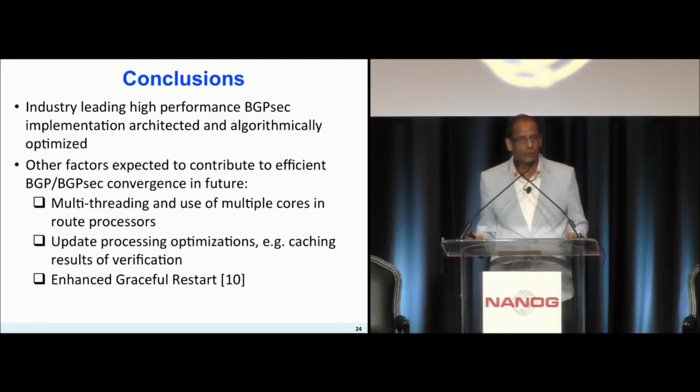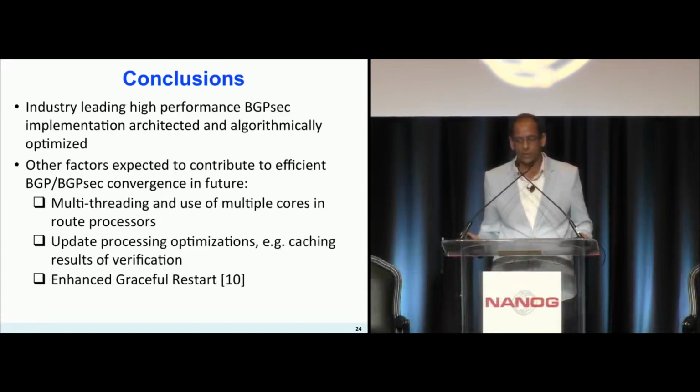And going forward, of course, the BGP workload will increase not only for BGPsec but also for traditional BGP. IPv4, IPv6 prefixes will continue to grow. That adds more workload, and there would be peering policies, route filtering, etc. All of that traditional BGP workload would also increase. There will be other factors that come into play to keep up with the efficiency of BGP as well as BGP convergence.